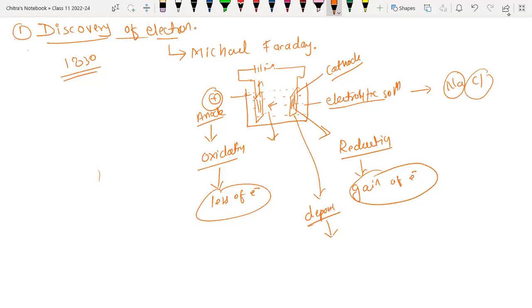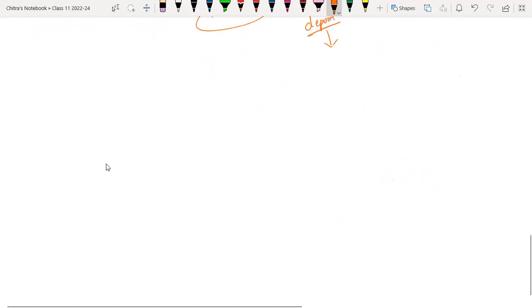But in the 1850s, many scientists came into existence, and they performed many experiments with the evacuated discharge tube, which is also called the cathode ray discharge tube. So I'm just going to draw the cathode ray discharge tube here. Sorry, it is the 1850s, not 1950s.